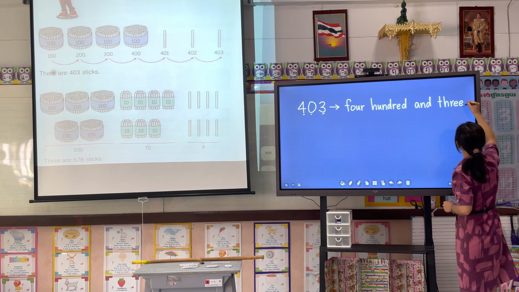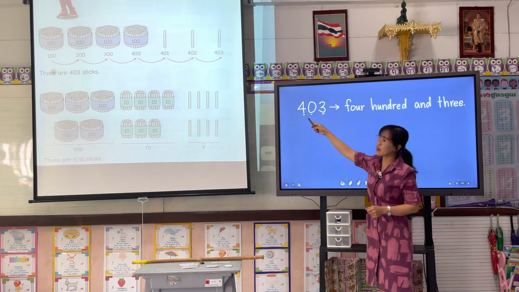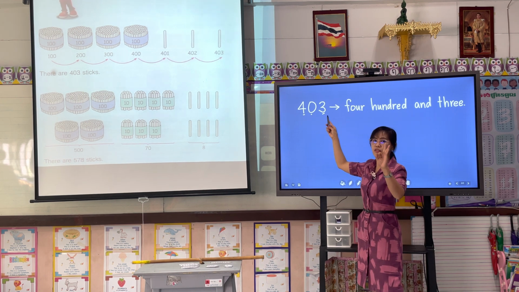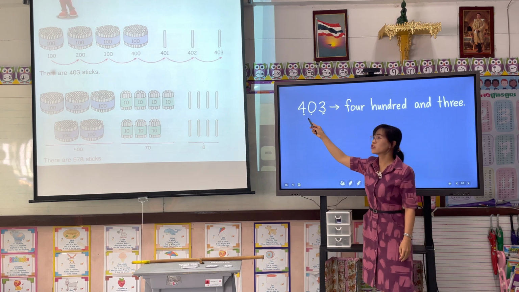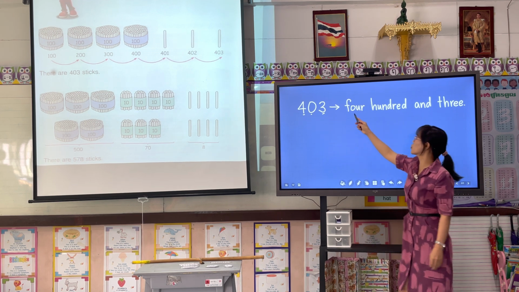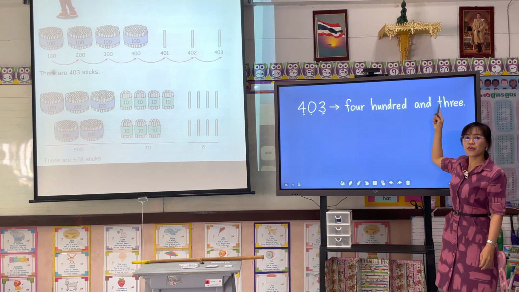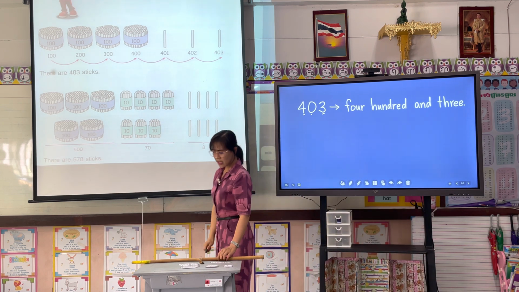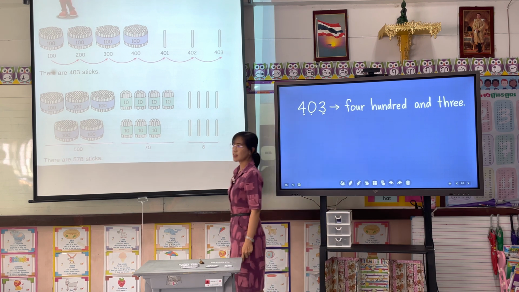T-H-R-E-E. Right there. Okay? So the Hindu-Arabic number is 403. Remember, there are 3 digits: 4, 0, and 3. 403. The English word. Alright, get it?